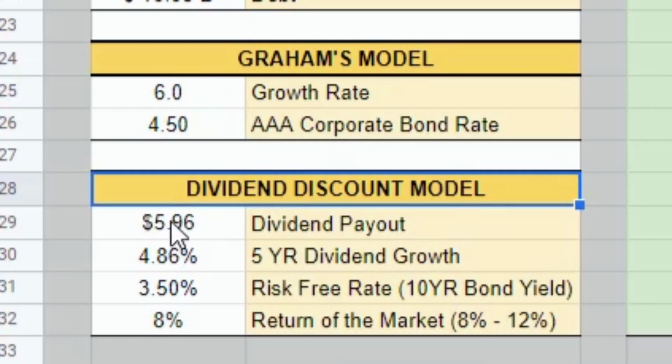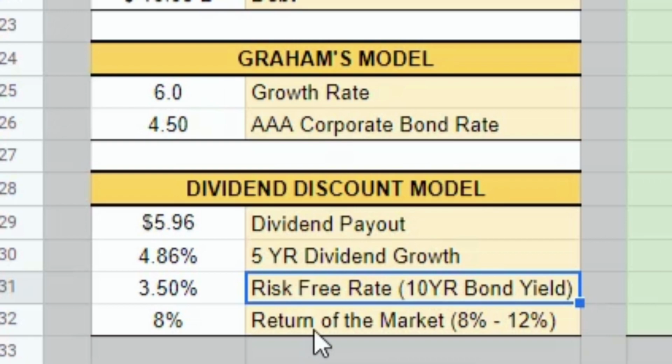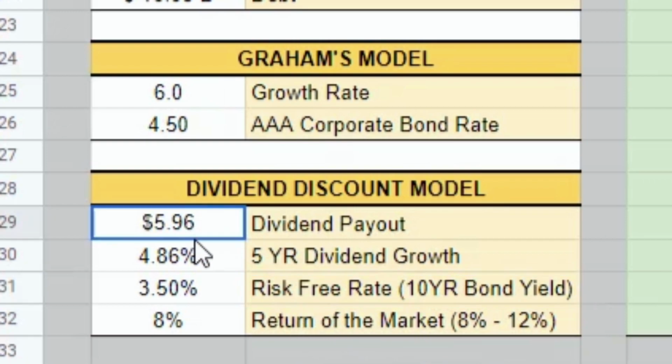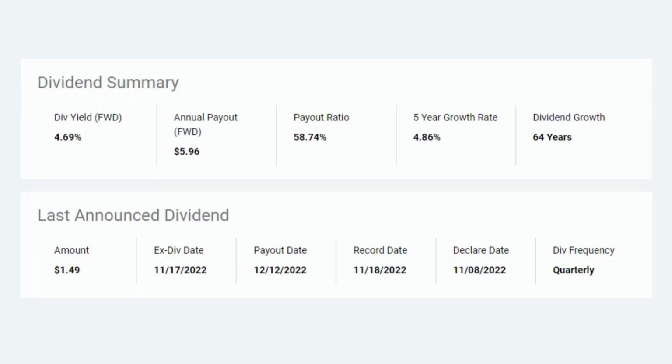The dividend discount model needs four things: the dividend payout, the 5-year dividend growth rate, the risk-free rate, which is simply the 10-year bond yield, and the return of the market. Where do we find these? Back over on Seeking Alpha for 3M, on their dividends tab, sub-tab dividend scorecard, we see their dividend summary.